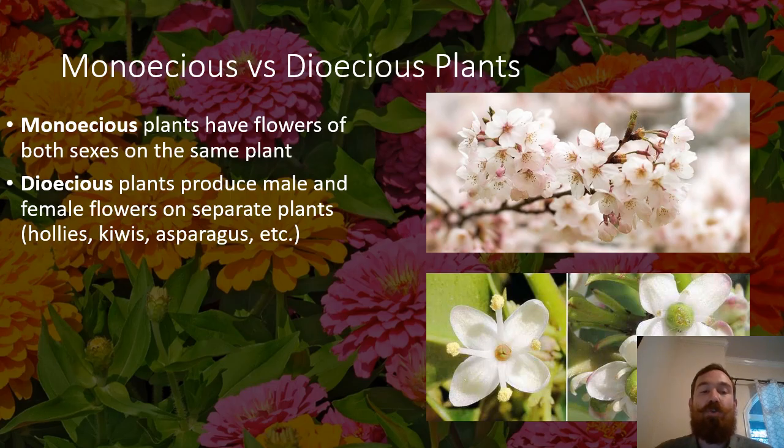Dioecious means 2 houses. So we have, in this case, male flowers on one plant and female flowers on a different plant. If we look at the flowers of hollies, for example, an individual holly tree will be either male or female. They will never have perfect flowers.